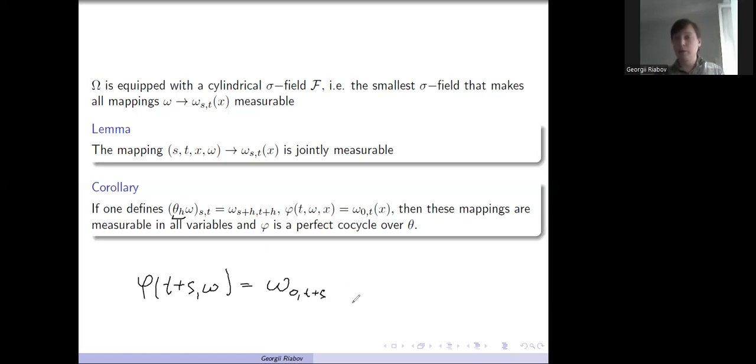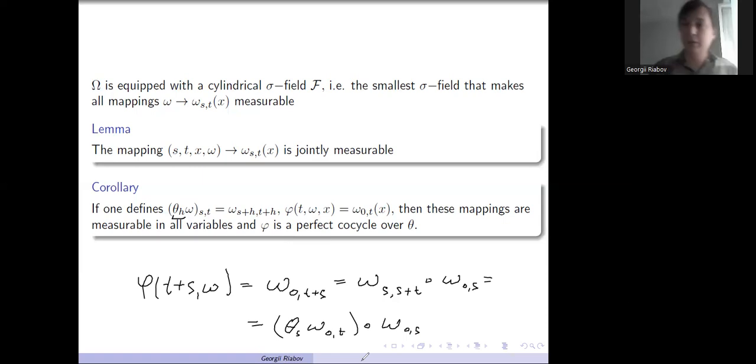Yes, by our construction of the space, this is the composition, and omega s plus t coincides with theta s omega 0 t, composition omega 0 s. So we have a first step to get a random dynamical system.